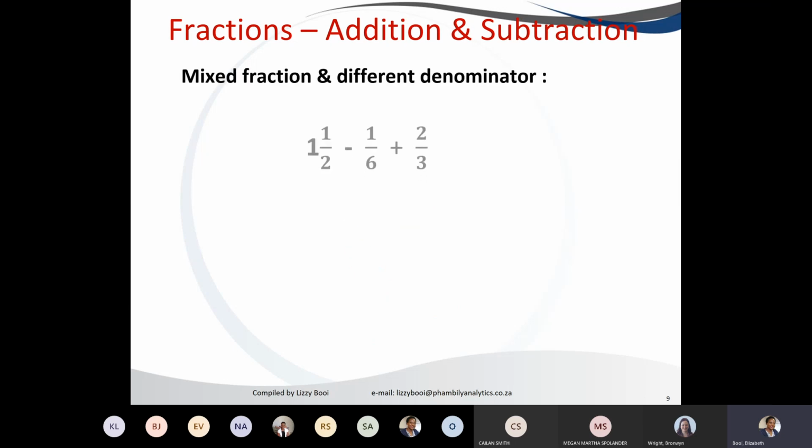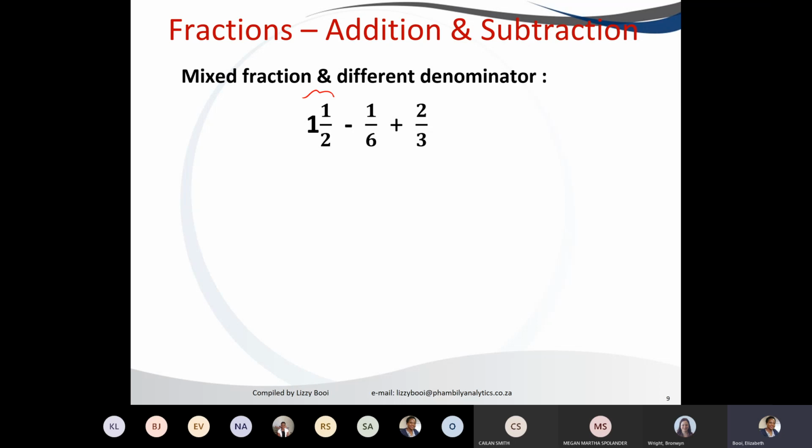So let's look at a complex problem where we are given a mixed fraction and we have different denominators. Still remember, addition and subtraction have the same priority from the bottommost rule. So the equation that we need to solve now has subtraction and addition. Therefore, I'm going to work from left to right. The other thing I'm noticing about my fractions is I have a mixed fraction there, 1 over 2.